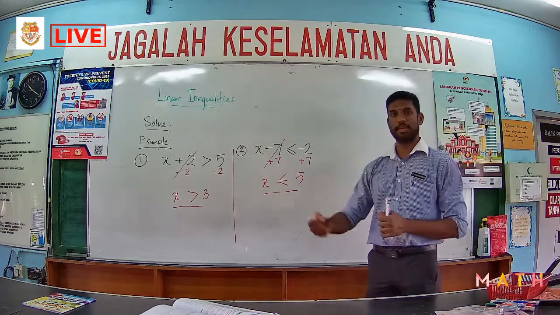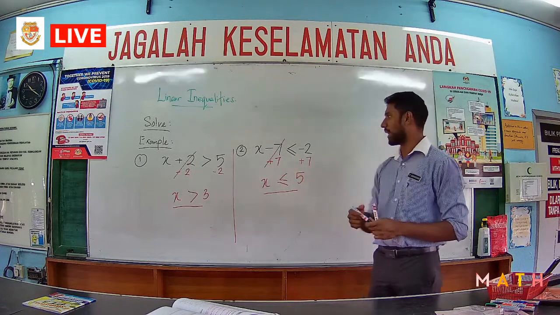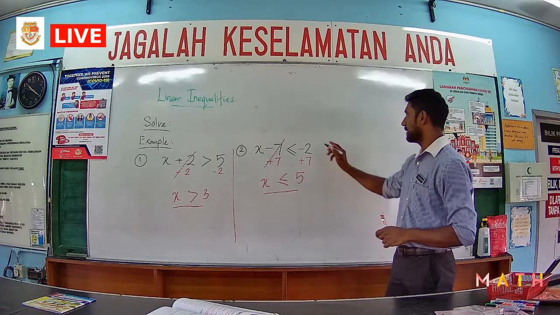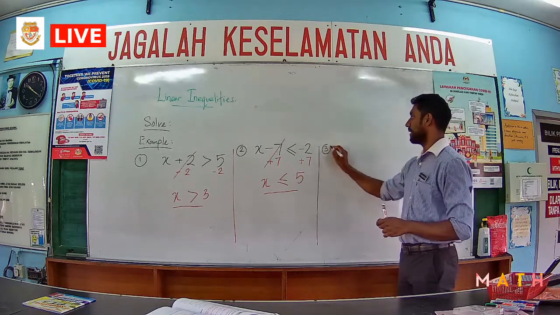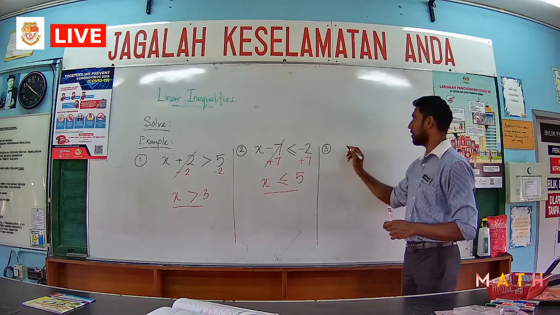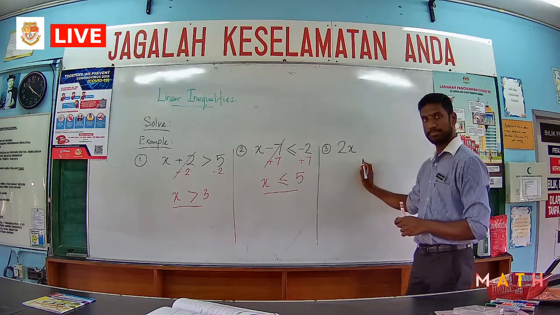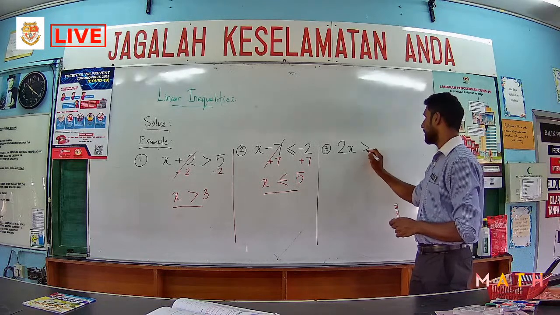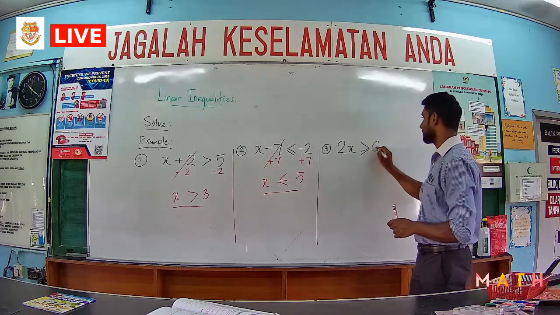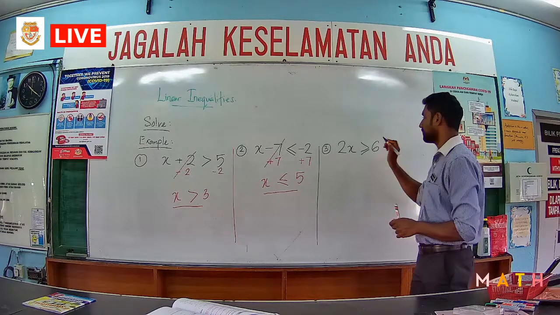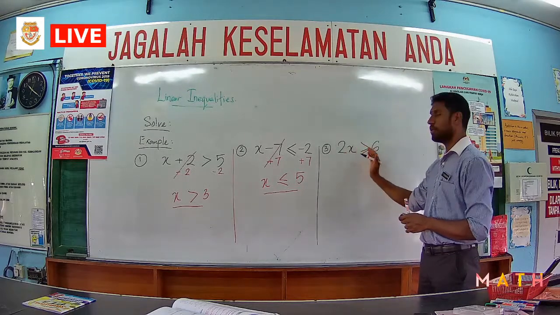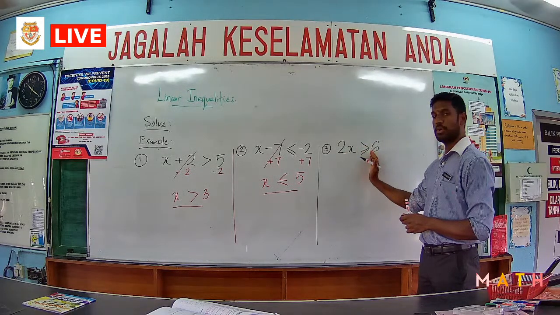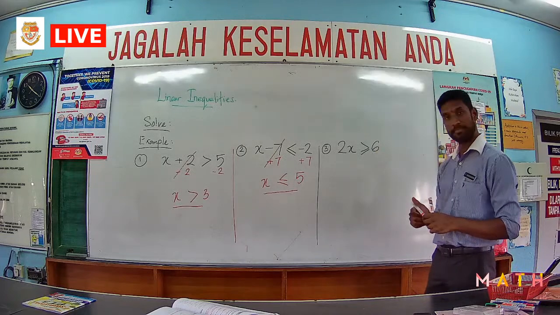Let's try some other examples. Let's say now you have 2x more than or equal to 6. So how are we going to solve this?